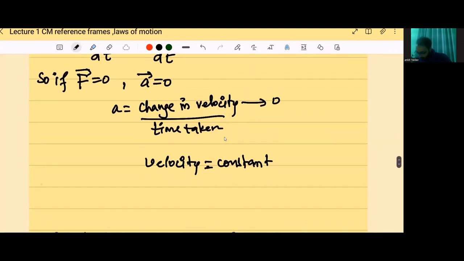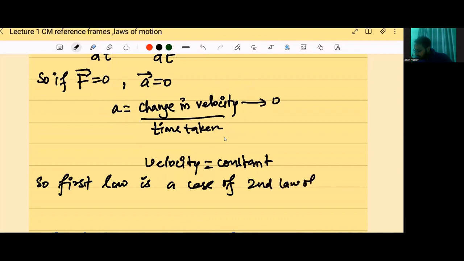So we can say the first law is a special case of the second law of motion.